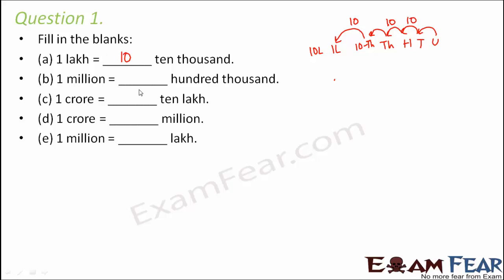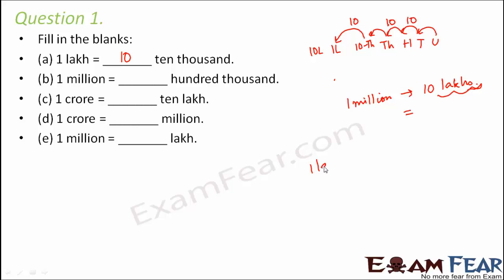1 million is equal to dash 100 thousands. Now, just now we had learned what 1 million is. 1 million is nothing but 10 lakhs, right? And what is 10 lakhs? 1 lakh is basically 100,000.